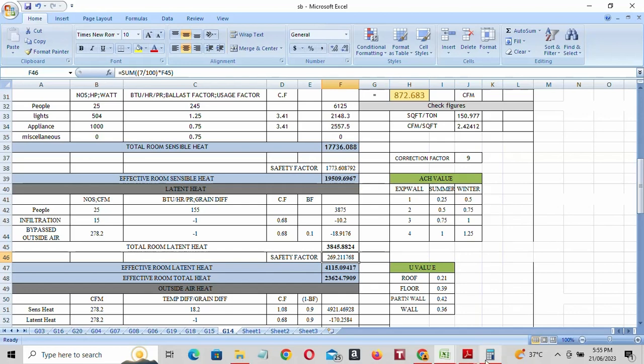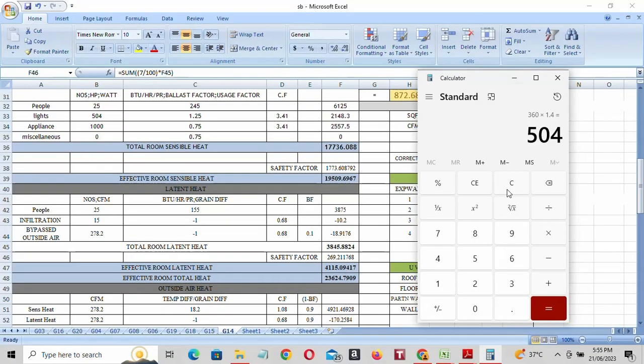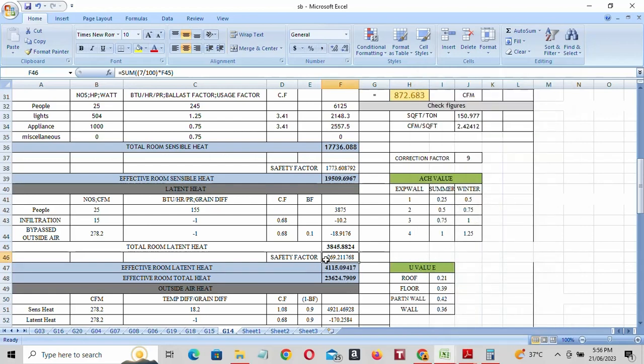Okay, 1 second. 7 by 100 into 3845, you will get 269.21. Approximately you will get 270 as the safety factor.